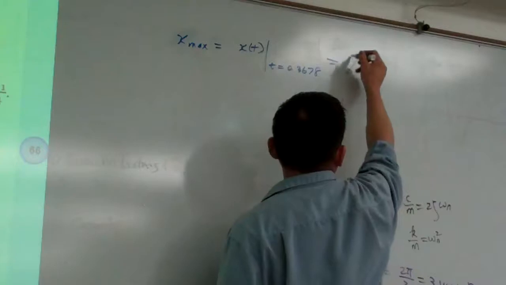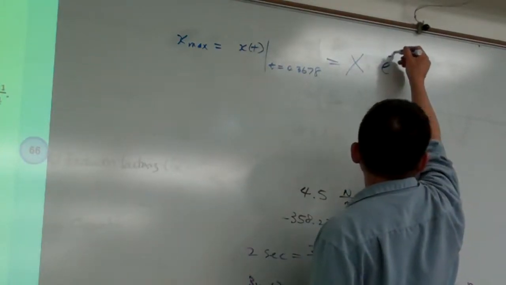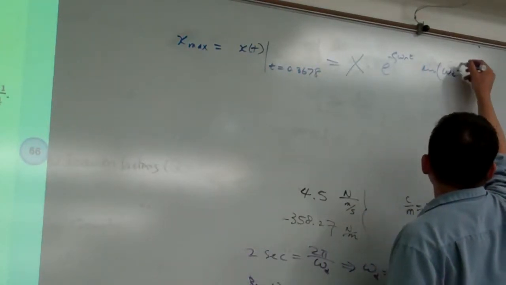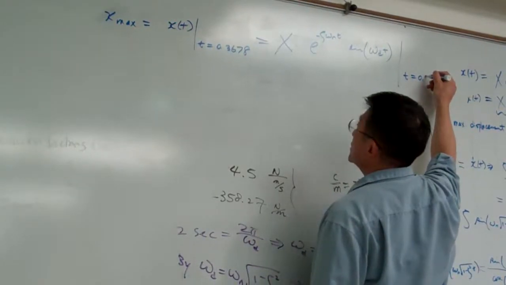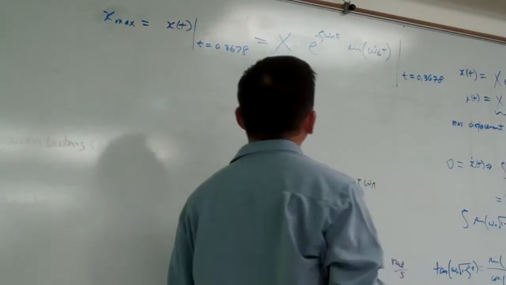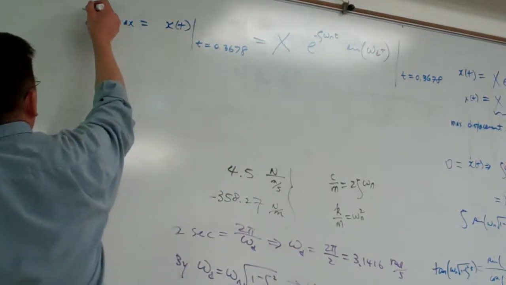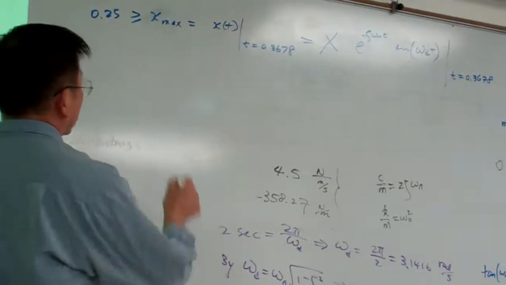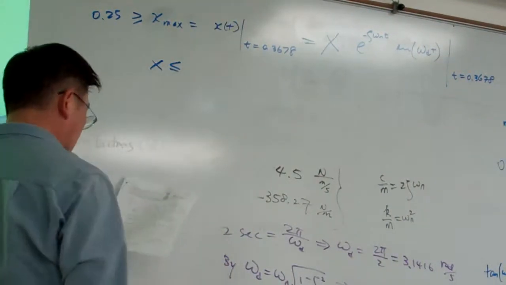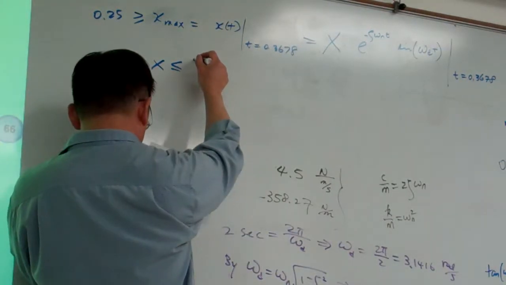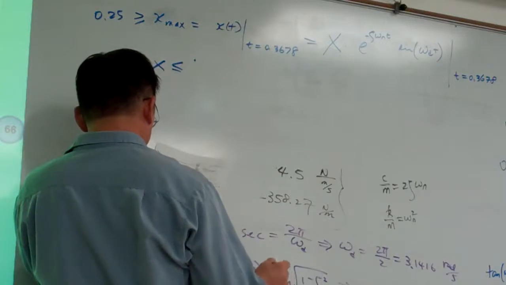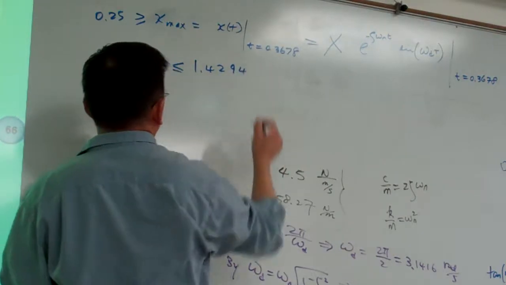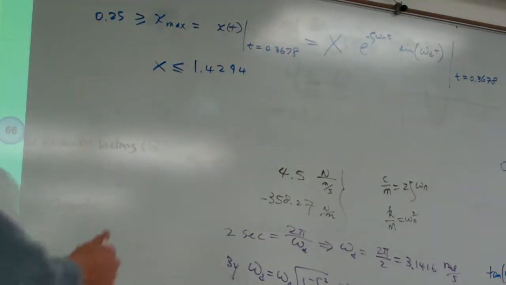So that means capital X multiplied with e to the minus zeta omega n t times sine omega d t, and you plug in t equal to 0.3678. Okay, so from here, this one is less than 0.25 meters. So from there we should be able to calculate the maximum displacement, the amplitude, equal to, I think, 1.42. Displacement.